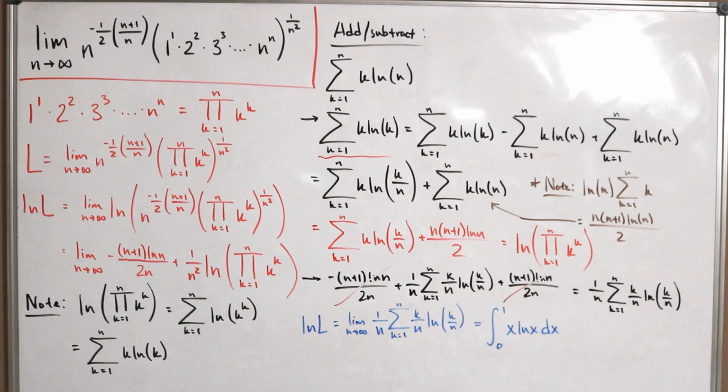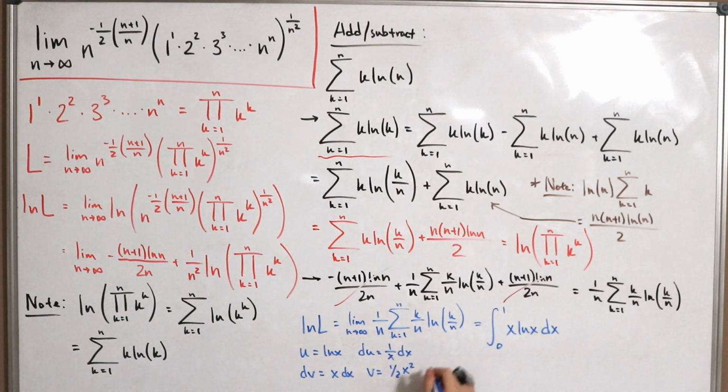And so this is actually a very easy calculation to do, since we can apply integration by parts. If I let u equal ln of x, then du is going to equal 1 over x dx, and then choose our dv. In this case, dv is going to equal x dx, then v is going to equal 1/2 x squared.